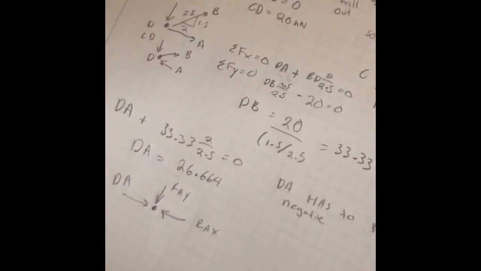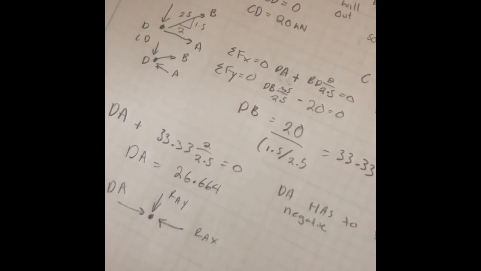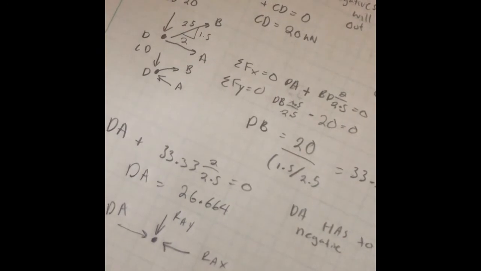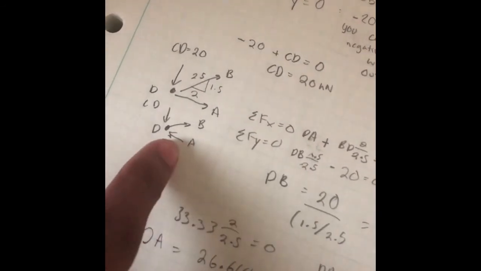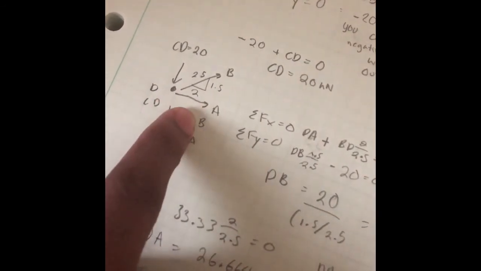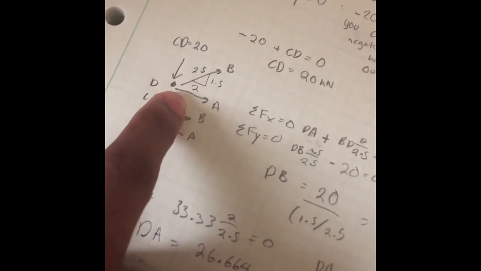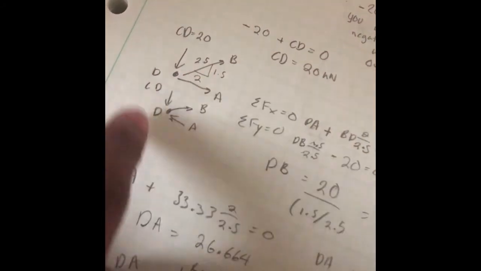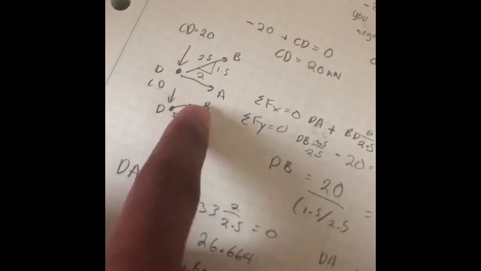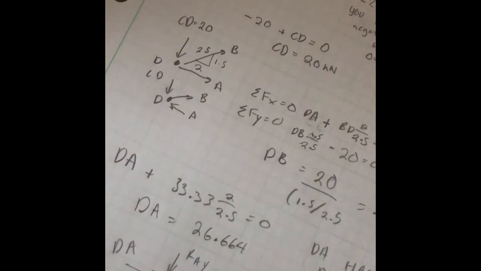So here is joint A. Since joint A only has one Y force, that Y force is automatically going to be 0, otherwise it will not be in equilibrium. Also, I had to redraw joint D because I assumed DA was in tension, which was incorrect because DB, which is the only tension force acting on this object, has a tension in the x direction. Therefore, DA has to have a compression to cancel that out and be in equilibrium.